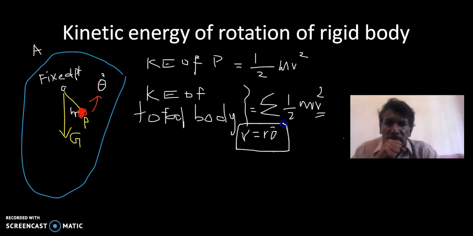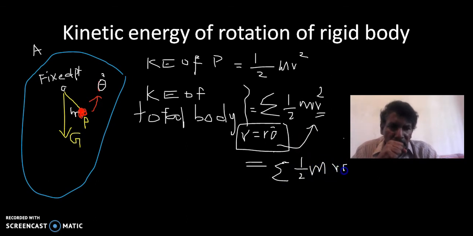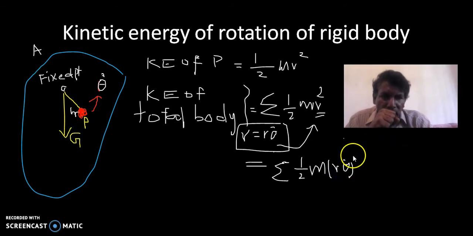So if you substitute that into the v square, we get the summation of 1 by 2 into m into v square, where in the v square we put r into theta dot, the whole square.